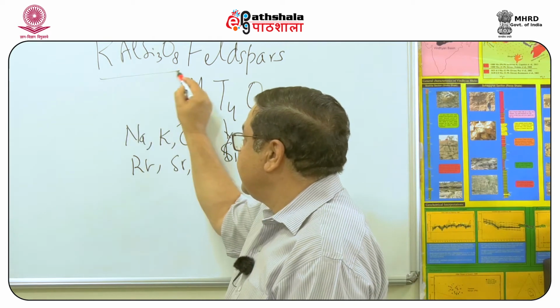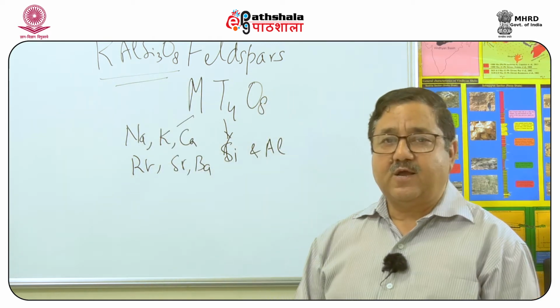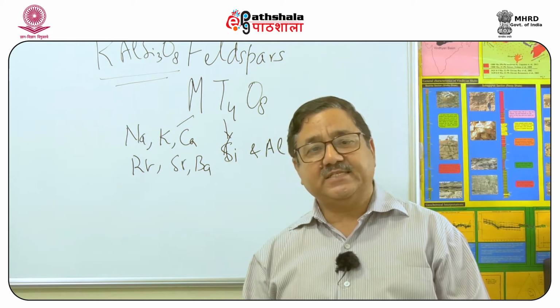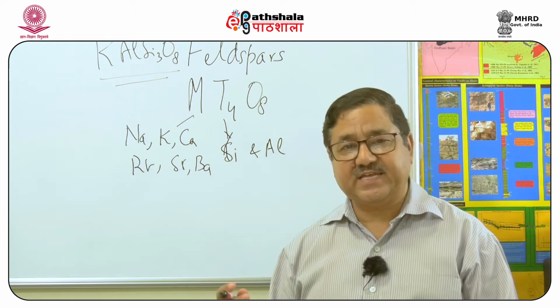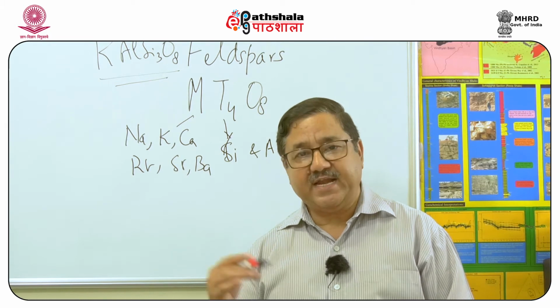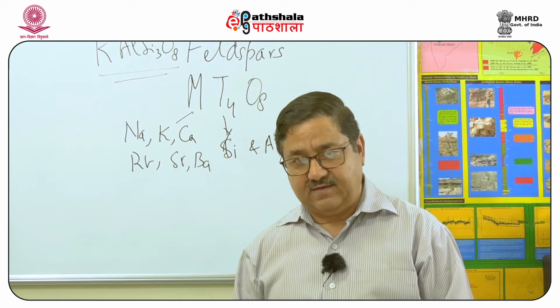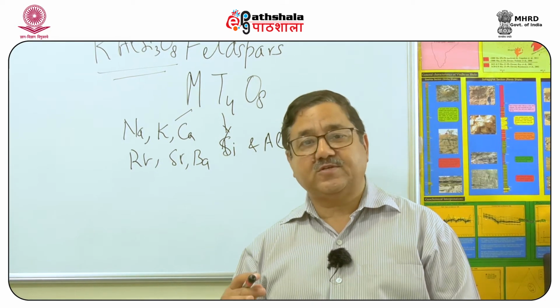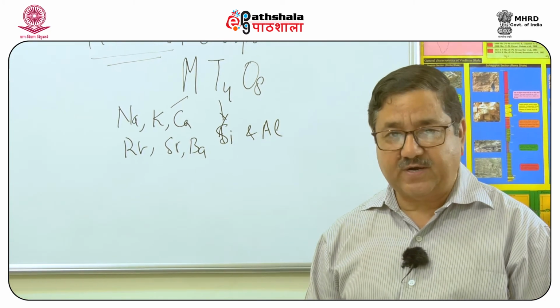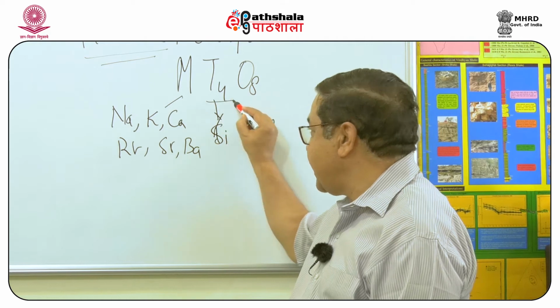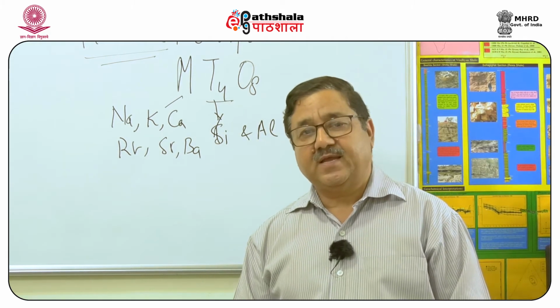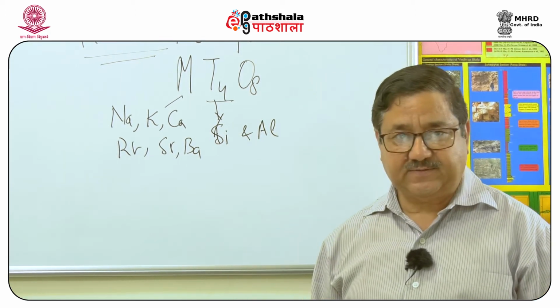So, this is the potassium feldspar, which can be there in several ways or several forms. The high temperature potassium feldspar is sanidine, which, because of higher disorder in the T site or tetrahedral site, has a monoclinic crystal structure.